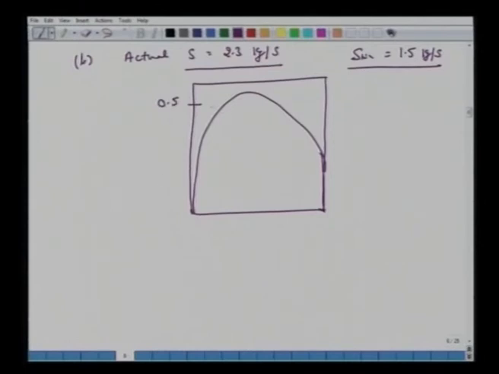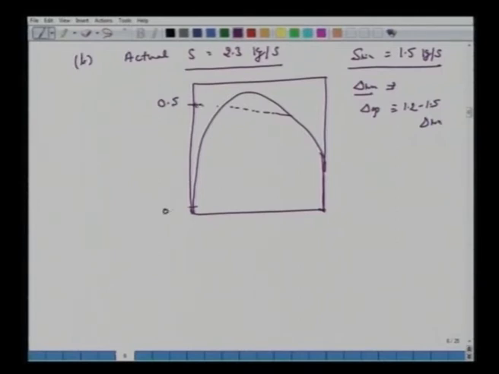So again this feed is given to us. This is 2%, 0.02. We have the pure solvent. Extend this. Since the amount of solvent is given to us, we can locate this del point, del operating. So in this example, again one can write actual S is 2.3 kg per second.